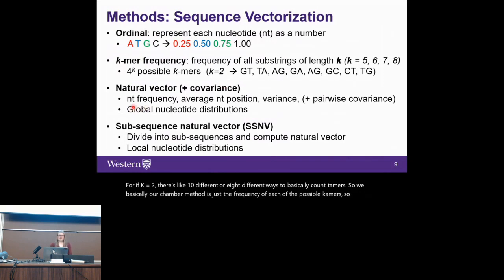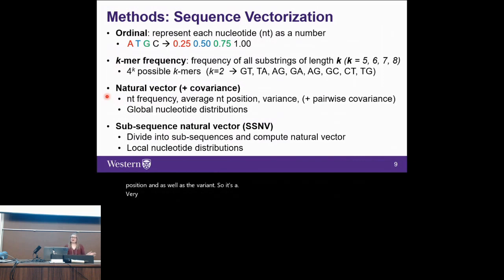Then we explore the natural vector encoding. The natural vector is a 12-dimensional encoding that incorporates the nucleotide frequency for each nucleotide, as well as its average position and its variance. So it's a very high-level, simple encoding for nucleotide frequency.